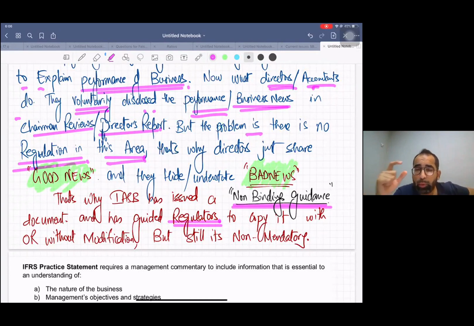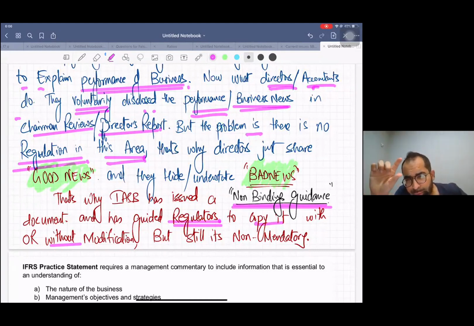The International Accounting Standards Board issued these guidelines and has guided the regulators, those who regulate the country, to copy it with or without modification. Whatever guidelines I'm going to tell you, the IASB has said that you can directly copy and paste them.